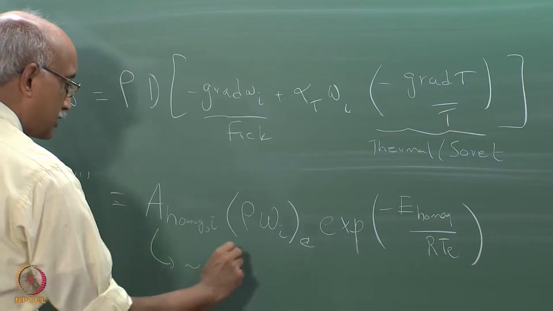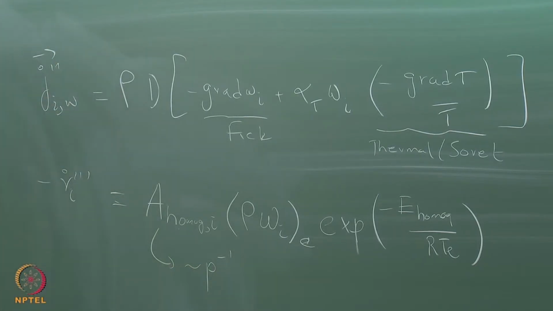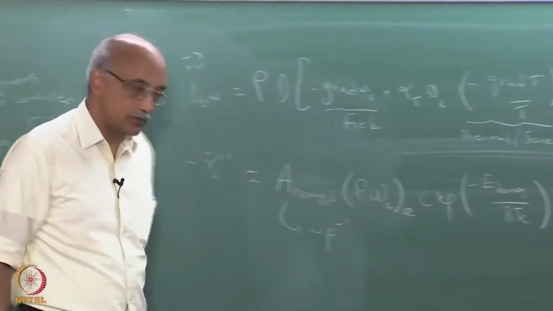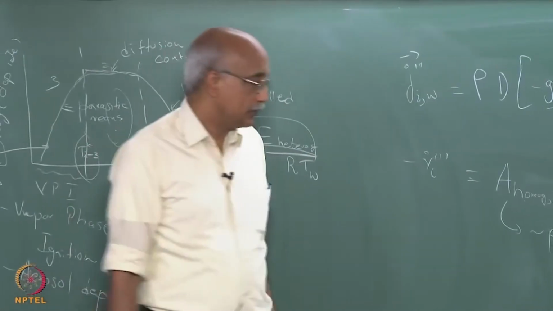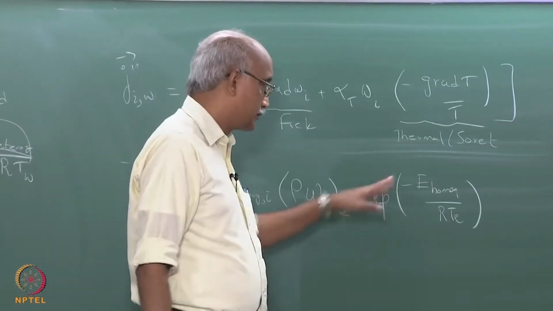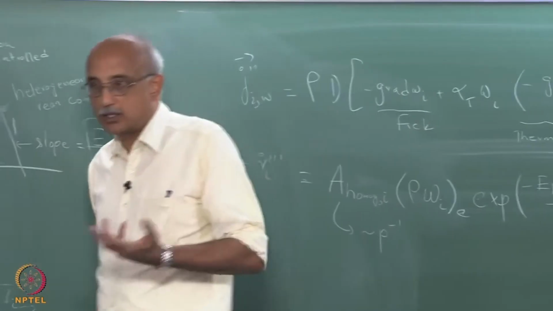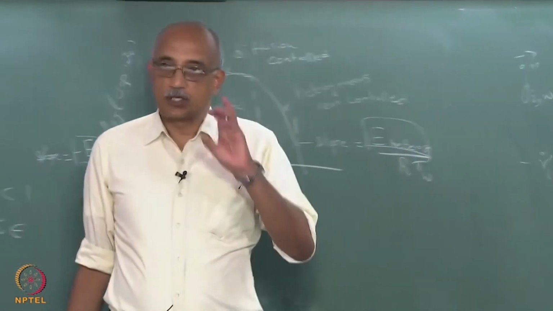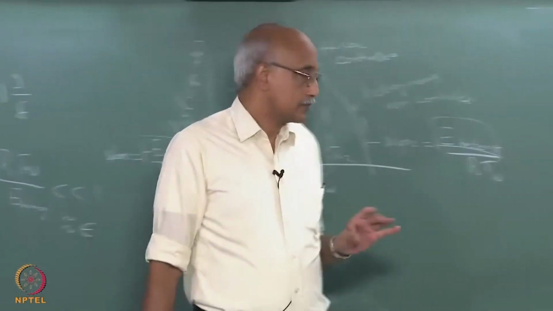It will roughly go as p to the power minus 1, and then you have omega I is the mass fraction of the depositing species I, and so it is a typical Arrhenius type of expression. This represents the rate of the homogeneous chemical reactions.